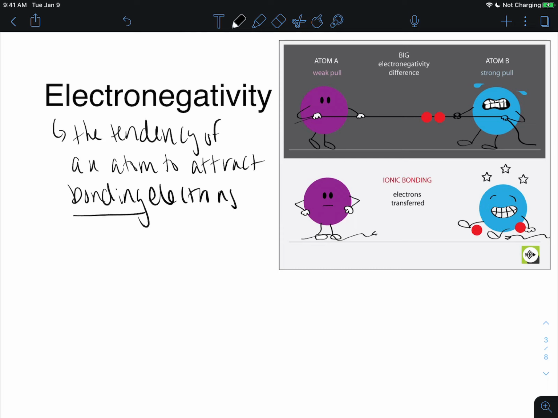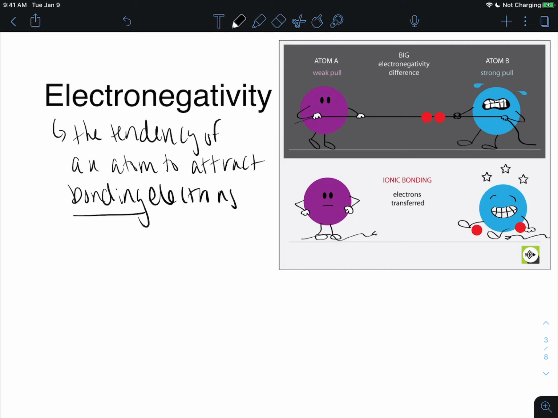When we're talking about electronegativity, it only matters to things that make bonds. If you look at the electronegativity values, and I'll point it out when we look at the actual table, you'll see that our noble gases, the things that don't bond, don't really have electronegativity values because they're not making bonds. You have to make a bond.